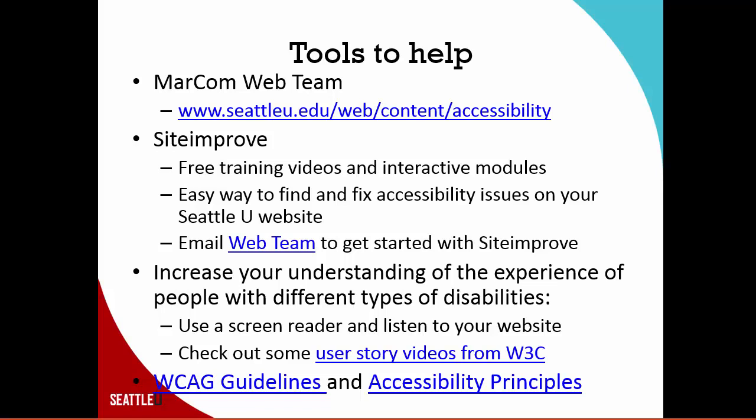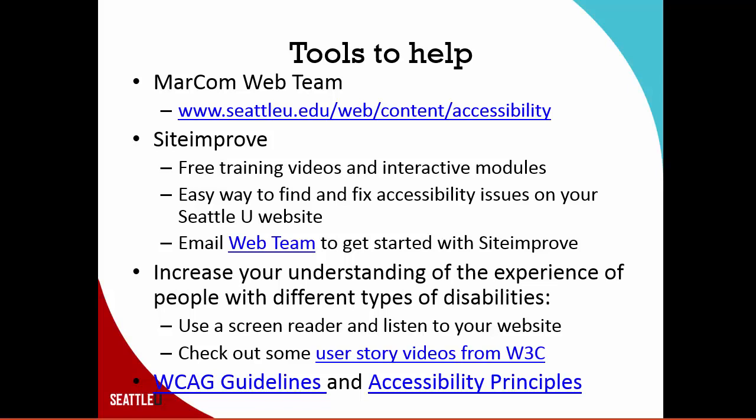SiteImprove also helps you find and fix broken links, misspellings, and other content quality issues, along with how to increase your site's search engine optimization, and gives you access to your site's analytics data if you're interested in learning more about the traffic on your website. If you wish to get started with SiteImprove, send the web team an email at web@seattleu.edu and request access.